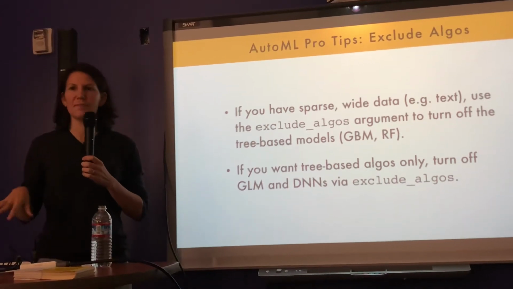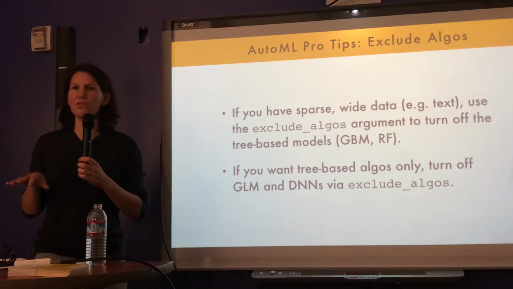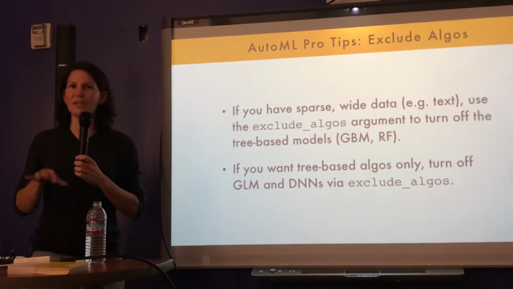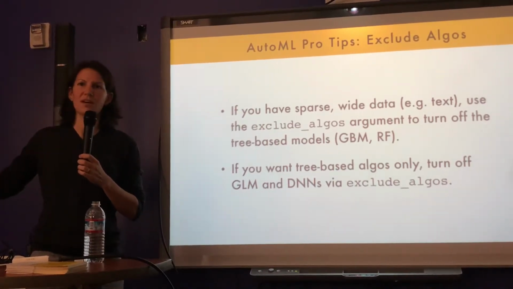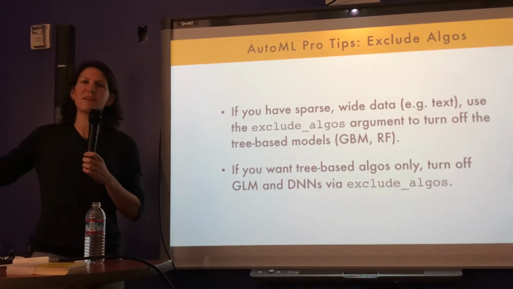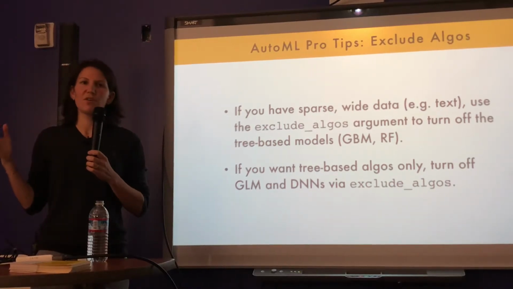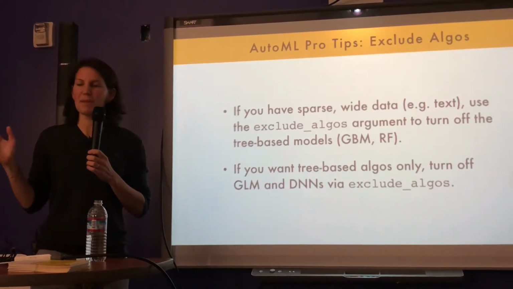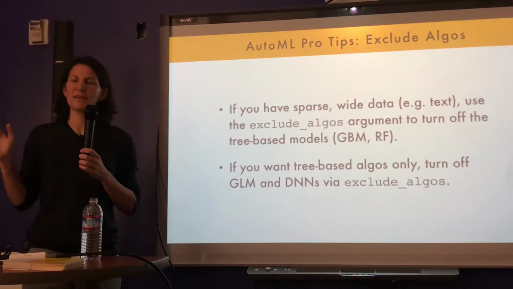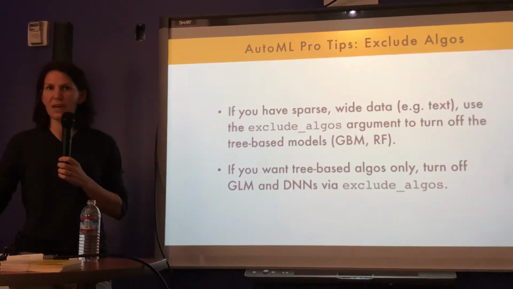So that gives you some tunability. With AutoML, we want it to be a tool for everyone, including advanced users who know more about what they want. So we want to expose everything, but give you really good defaults so that if you don't know anything, you can just use it and not have to think about it. Or if you want more control, you can do that too. So that's the exclude algos argument.